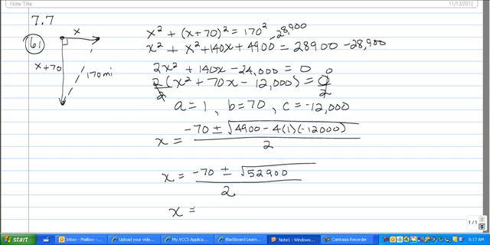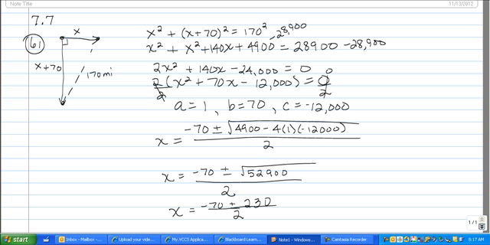That gives us 52,900, and the square root of 52,900 is 230. I've gotten rid of the radical. Square root of that is 230.